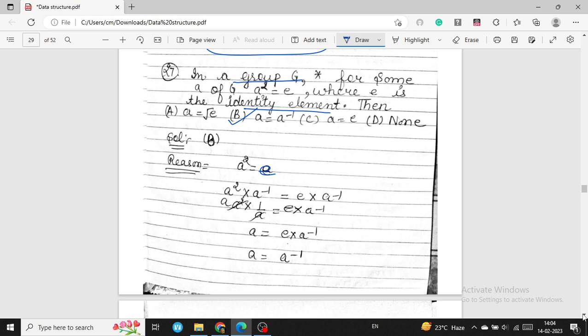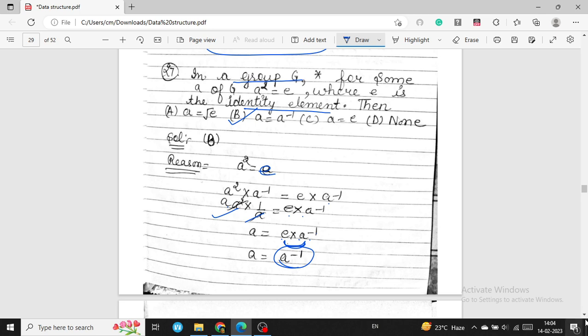When we multiply both sides, A square multiplied by A inverse cancels, and A is remaining. On the other side, E multiplied by A inverse, and when we multiply both, it will be converted into A inverse.